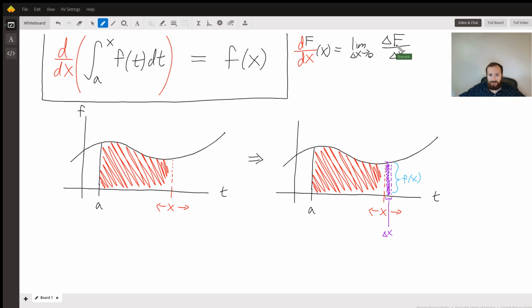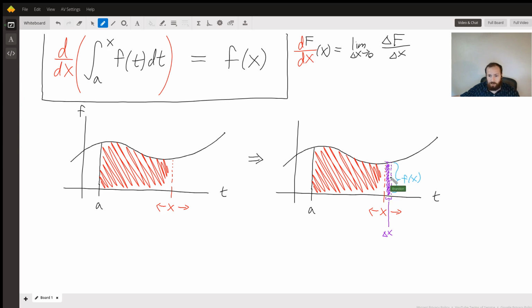Now, here's the question. When we're dealing with an accumulation function, how would that work? Well, remember, if you increase the input by a little bit, so a tiny change delta x in the input, the question is, how much does the output go up? Because we're talking about accumulated areas, we're asking, how much does the area increase?